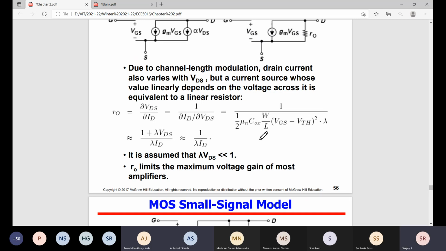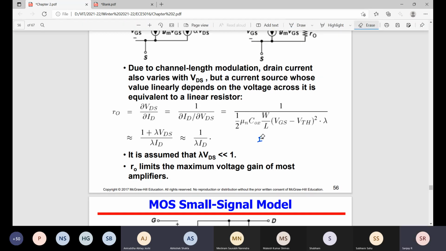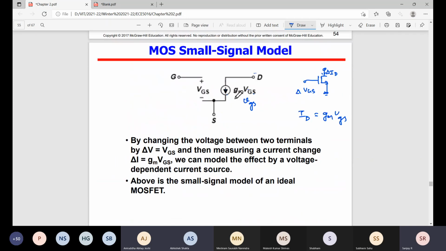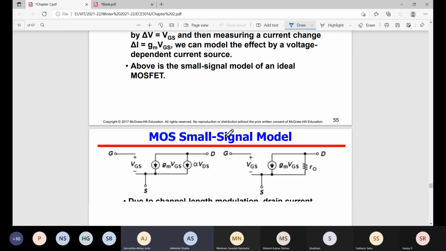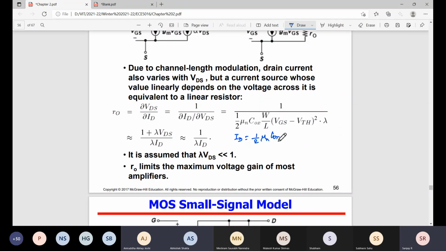So what is ID? Sorry, I want to write here. Once again, I'm modeling the transistor in the saturation region, because now we come to the amplifier. NMOS in saturation: ID equals half mu n Cox W by L (VGS minus VTH) whole square into (1 plus lambda VDS).